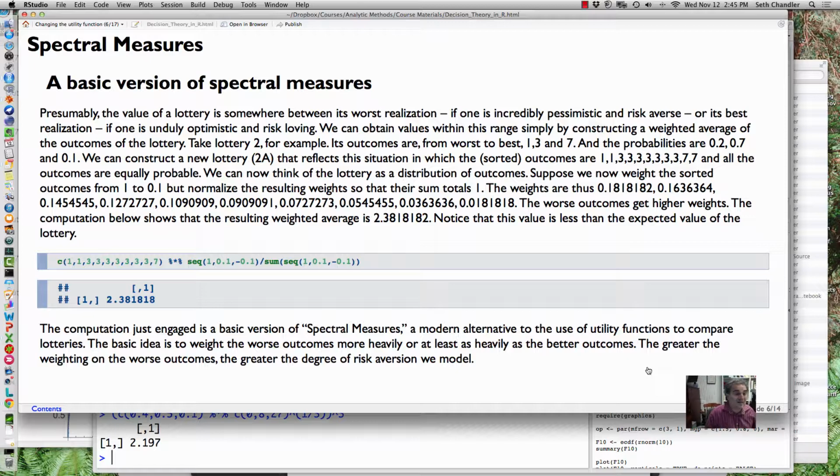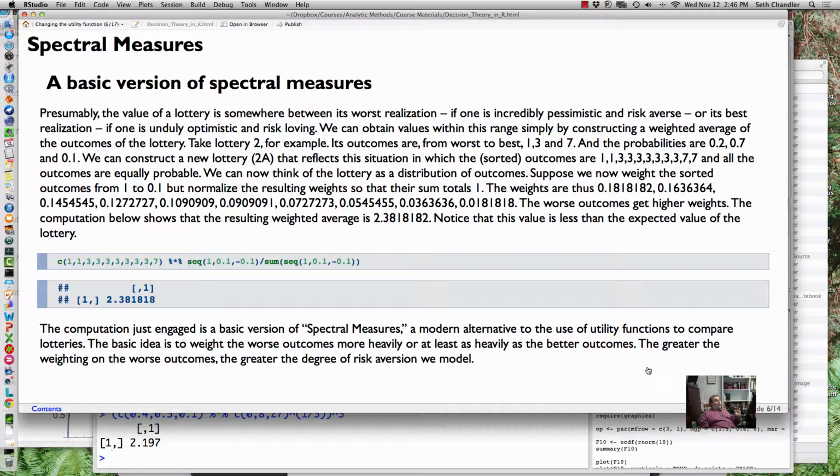Okay. And I think I mentioned that the idea is that you sort the outcomes from the worst case to the best case. And then you increase the probability relative to what it really is for the worse outcomes, and you decrease the probability relative to what it really is for the better outcomes.